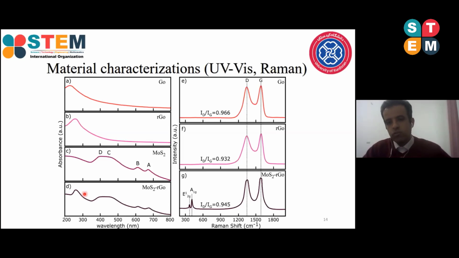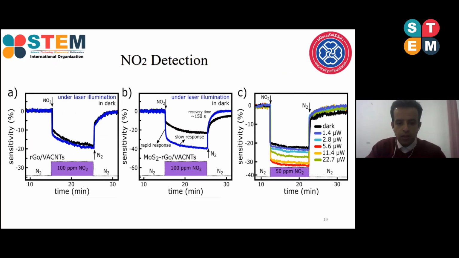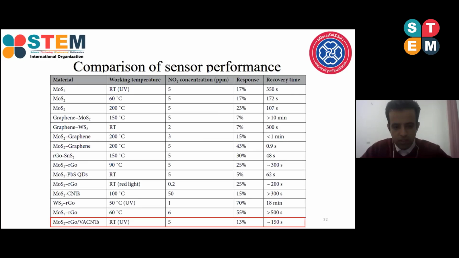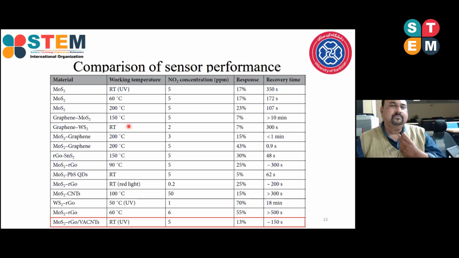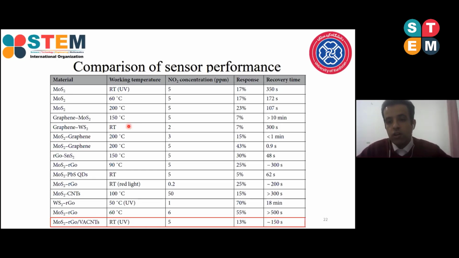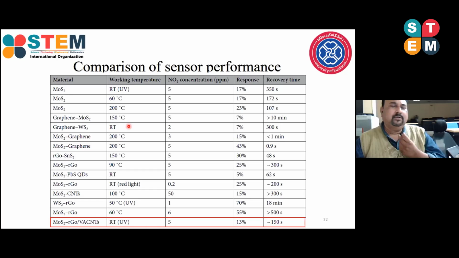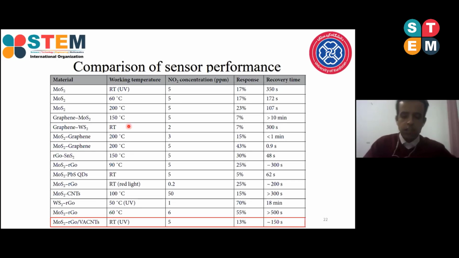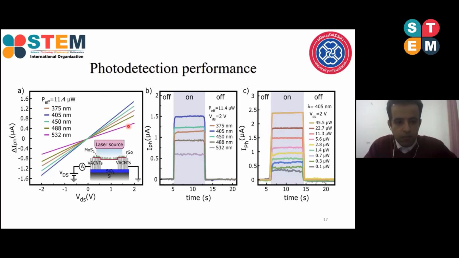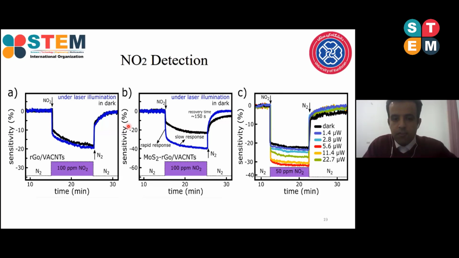If you look through the literature, most works report UV, because it provides higher energy, both for recovery of the sensor and for improving the sensitivity. You mean that the intensity is very high in the case of UV? Yes, the intensity here is high.